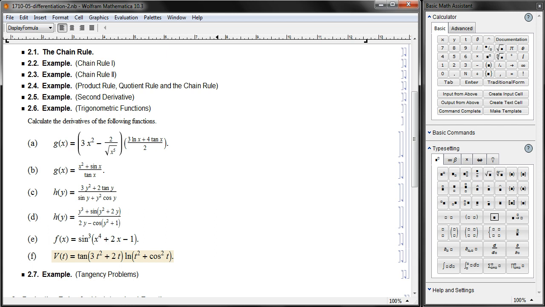Next, let's do this, and let me see. Does everybody see that this outer structure is the product rule? We have the first function u, and then we have the second function v. So we're going to get u prime v plus uv prime.